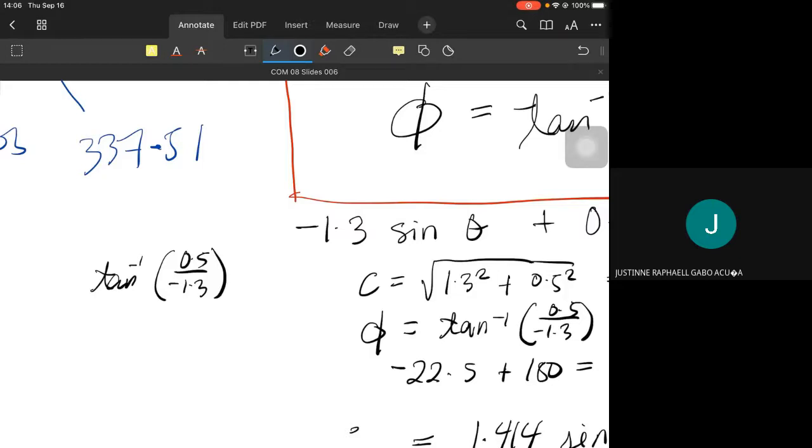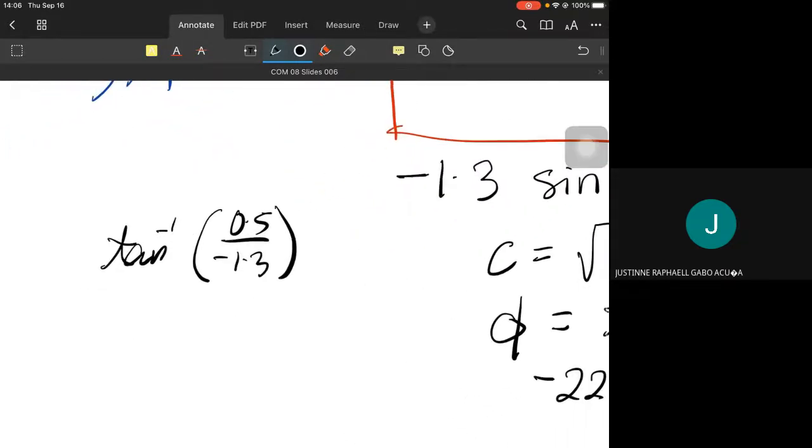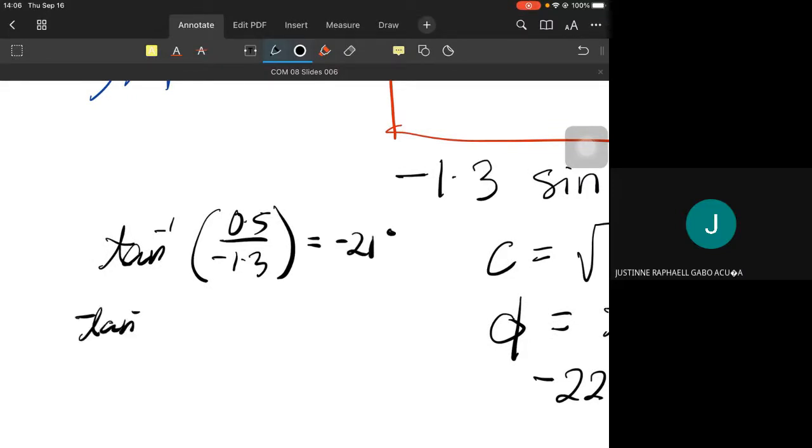So, negative 21.04. But because 0.5 and 1.3 were rounded off, it's around 22. Exactly 22.5, but that's fine. What comes out? Negative 21 something. Isn't the result the same if it's negative 0.5 divided by 1.3? The same comes out, right?